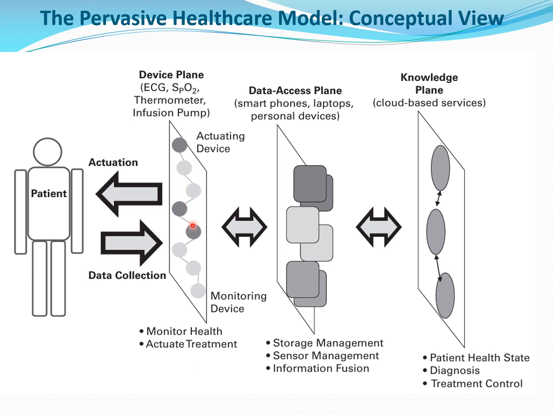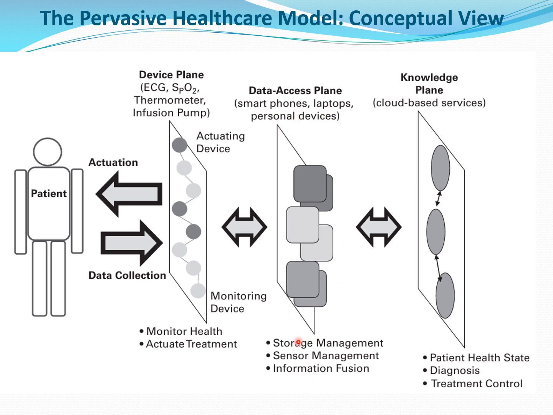Right. Now once the data is collected from the sensors, it is automatically transmitted and processed by a base control unit, which is going to be called the data access plane. The data access plane is going to comprise smartphones, laptops or some personal devices.